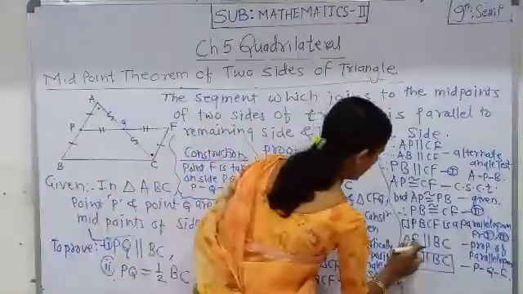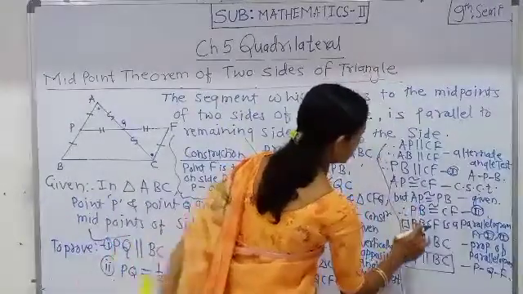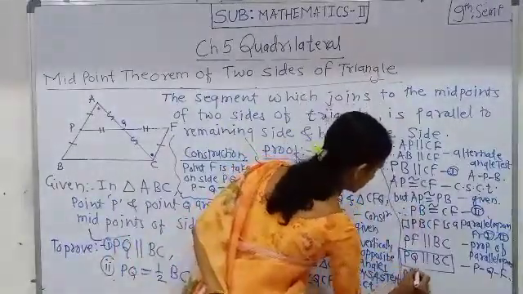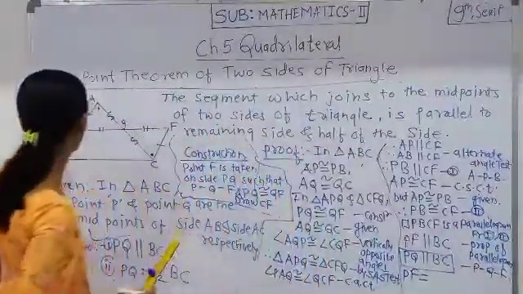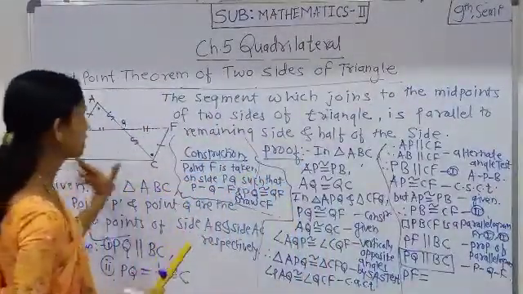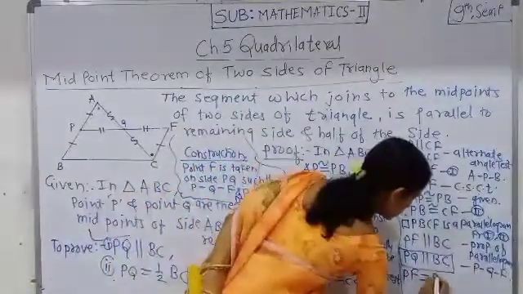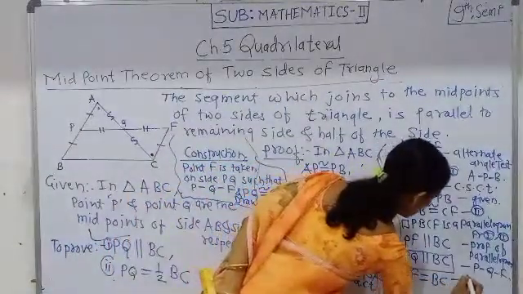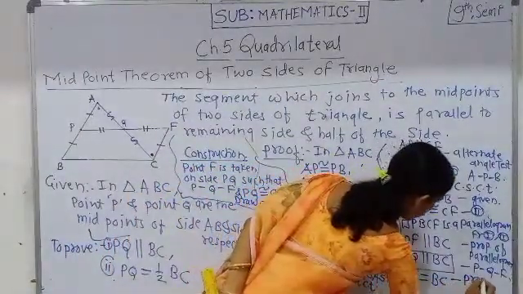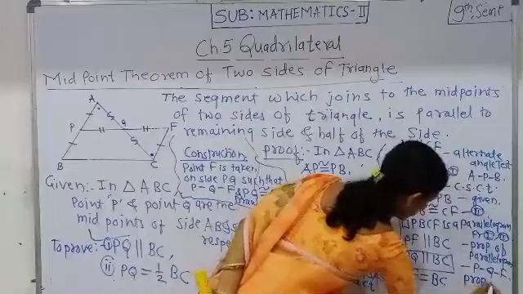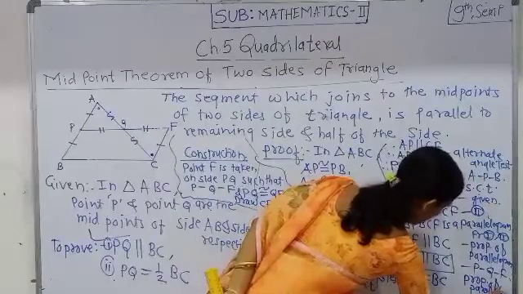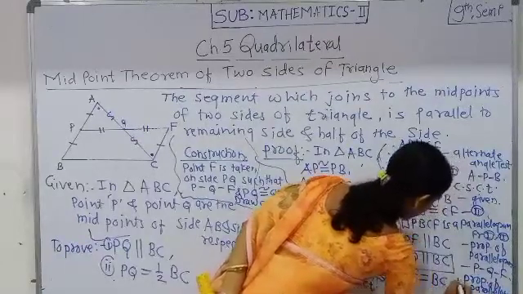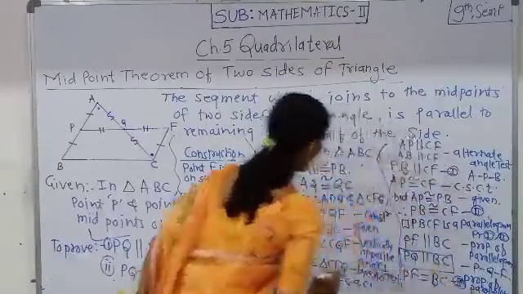See here, PF is congruent to BC, because that is the property of a parallelogram. That is equation number 3.